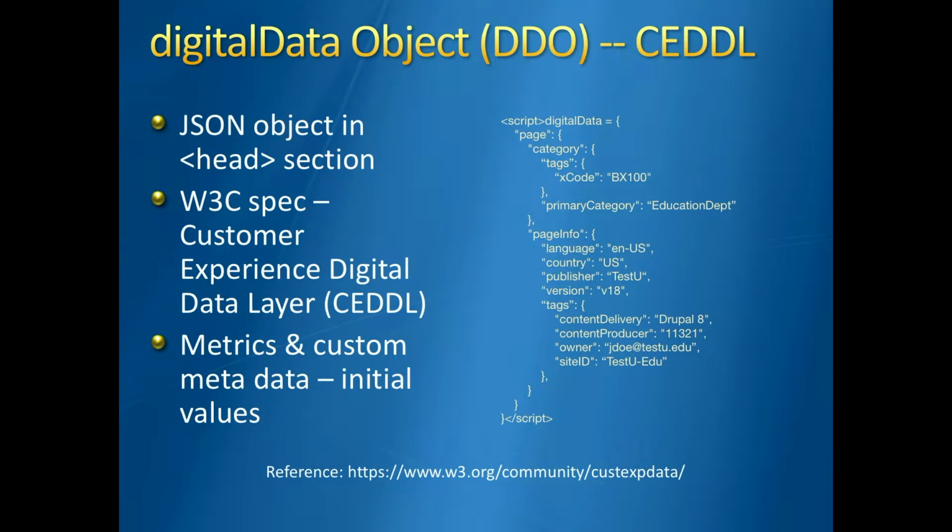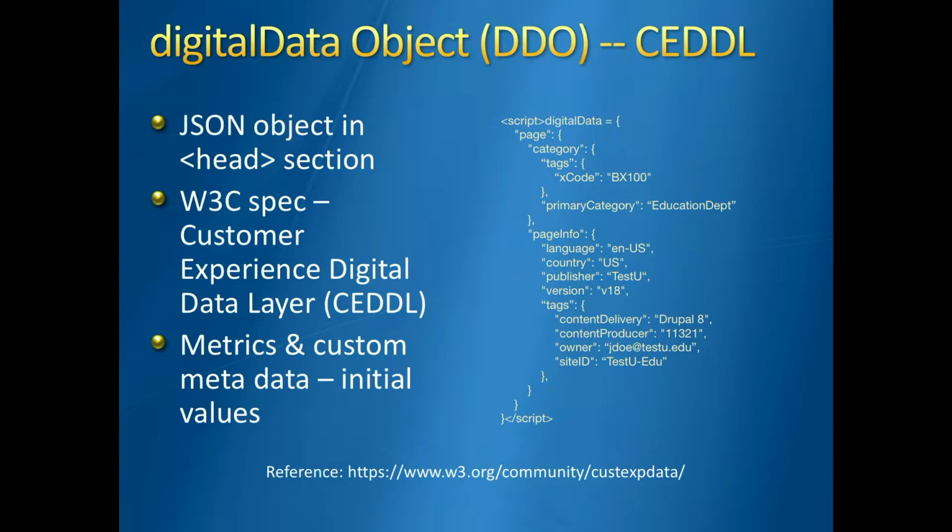This is an aside, not really Drupal, but the way we put our custom metadata and services on our pages is through a digital data object. It's a W3C spec that was published 3 years ago. It's basically a JSON object on the page, and tagging software like Tealium and others use it.